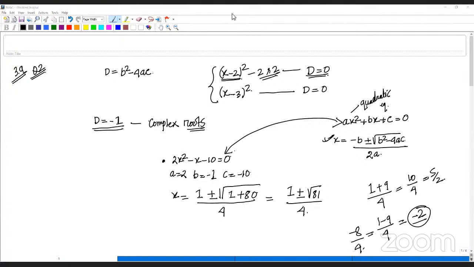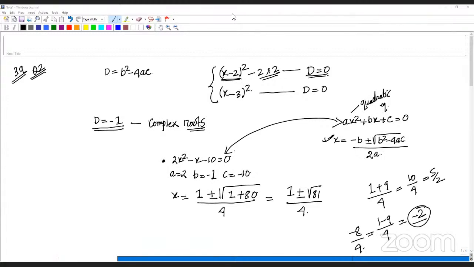Sir, actually, my doubt is: we used to say x square minus sum of roots times x plus product of roots is equal to 0, right, sir? So will the sum of roots be equal to minus b by a?